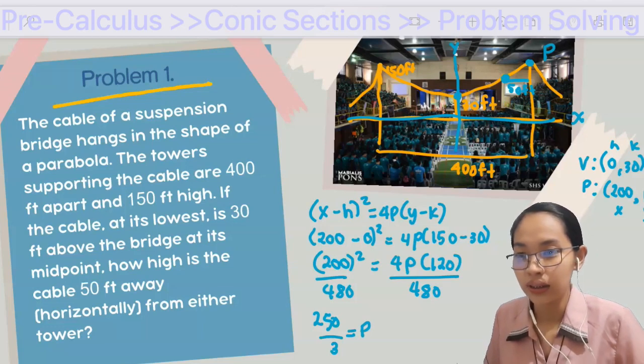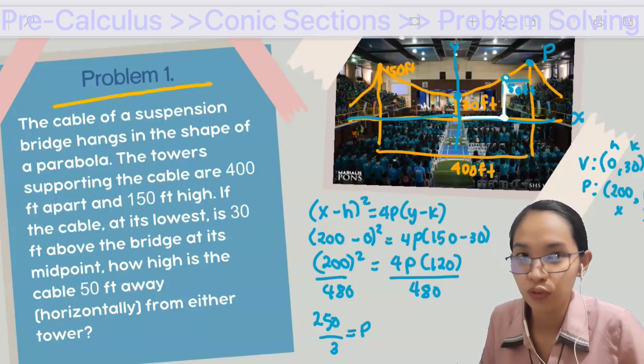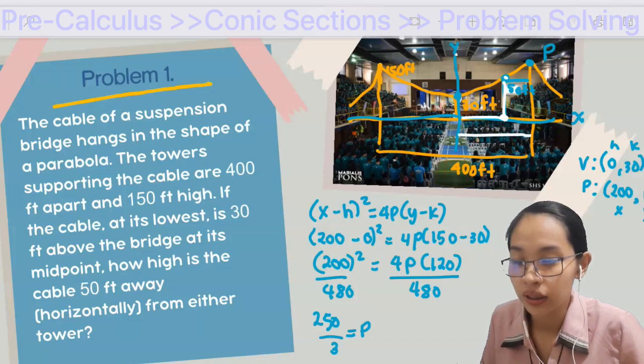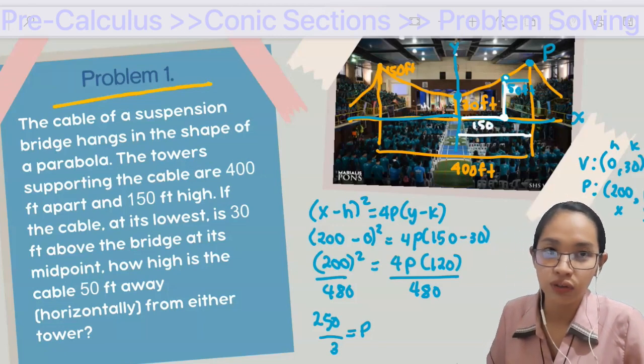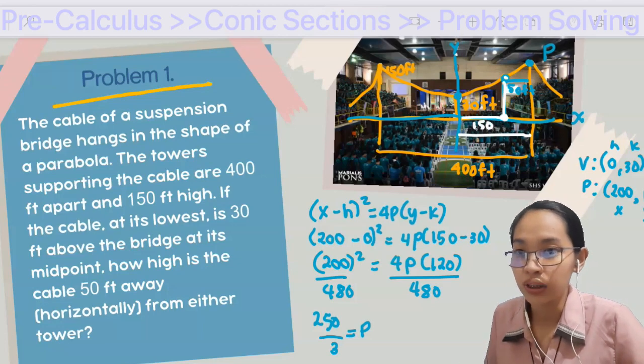Next, what is being asked is the y-coordinate. This particular point is 50 feet away from the cable tower, and the tower is at 200. This means that at this point, x is 150. So we are trying to identify the value of y when x is equal to 150.